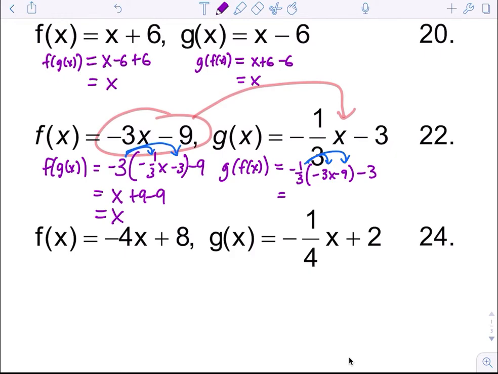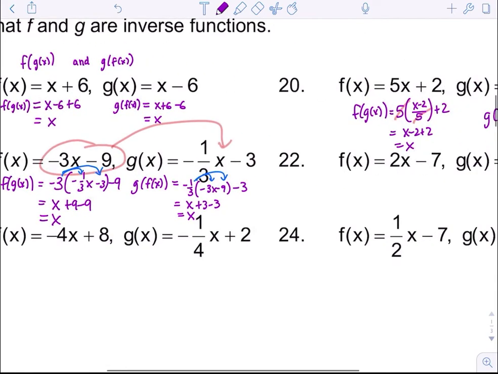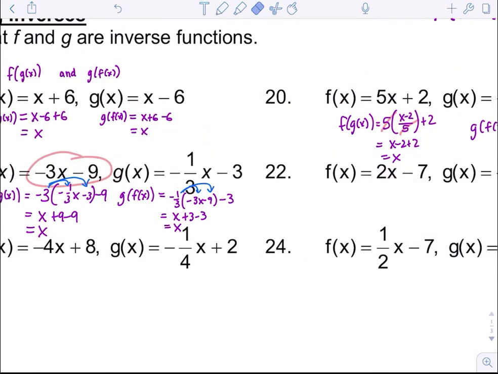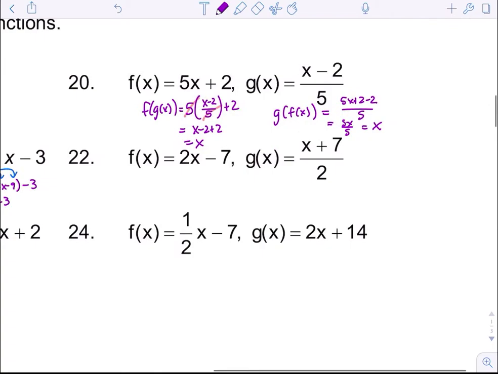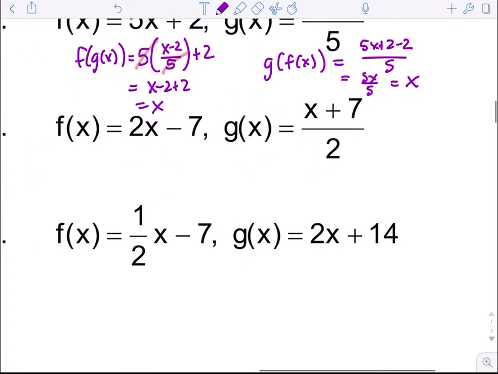Negative 1/3 times negative 3 is positive 1, so x. Negative 1/3 times negative 9 is positive 3, minus 3, and this is just equal to x. Both equal x, so they are inverses. 22. Alright, so we have f of g of x and g of f of x.